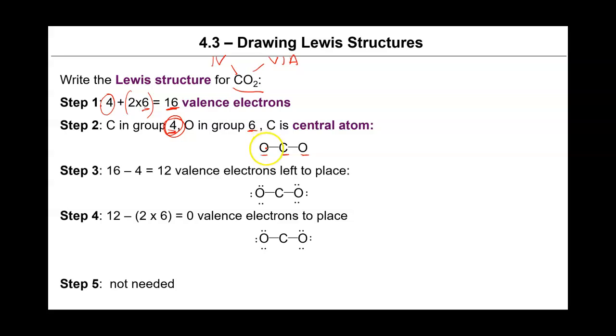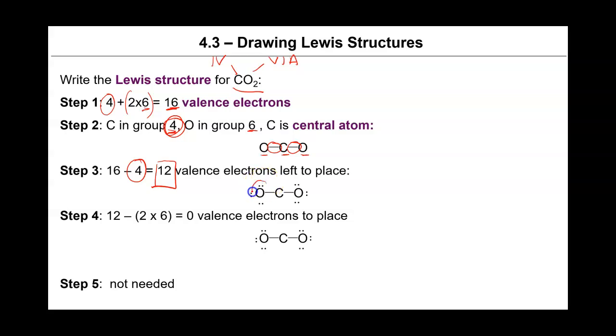Now, the atoms have to be connected by at least single bonds, so we can go ahead and put in place the single bonds connecting the oxygen atoms to the carbon atom. And each of those single bonds consumes 2 electrons, so we should go ahead and subtract away 4 electrons from our total, which leaves us with 12 valence electrons to finish everything off.